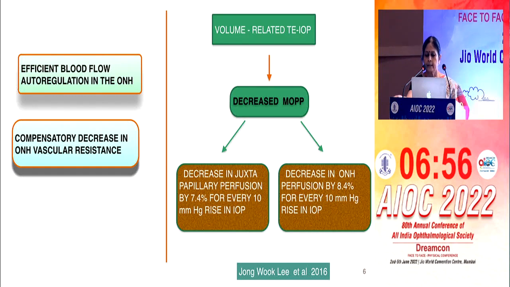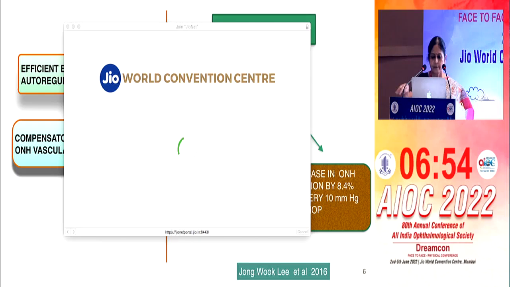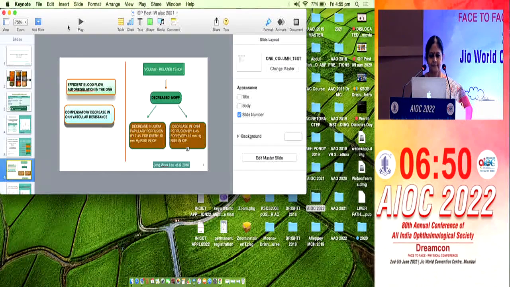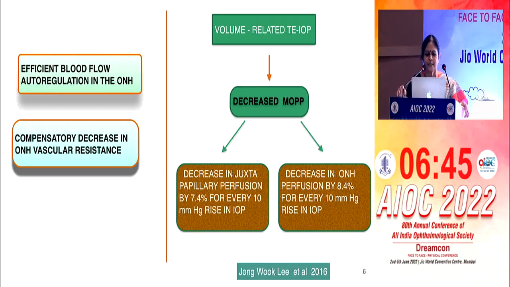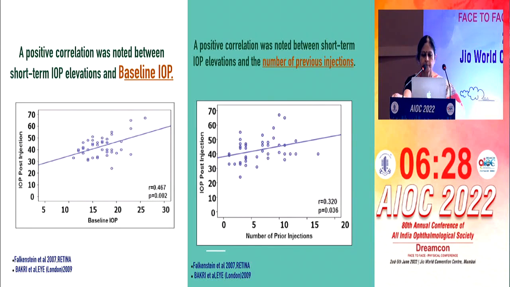But bear in mind that the optic nerve head has a very efficient blood flow autoregulatory mechanism, and when there is a reduction in the mean ocular perfusion pressure, it is compensated by a reduction in the vascular resistance, so that there is more blood flow occurring both to the optic nerve as well as to the peripapillary retina.